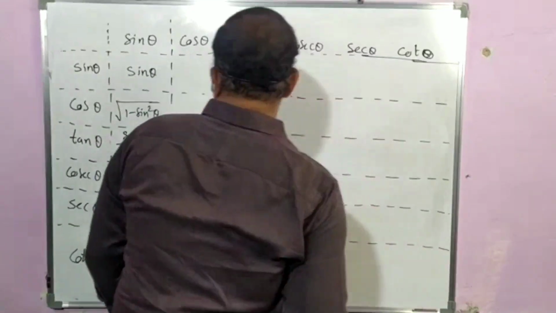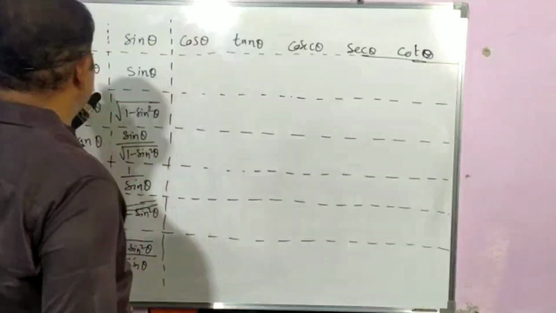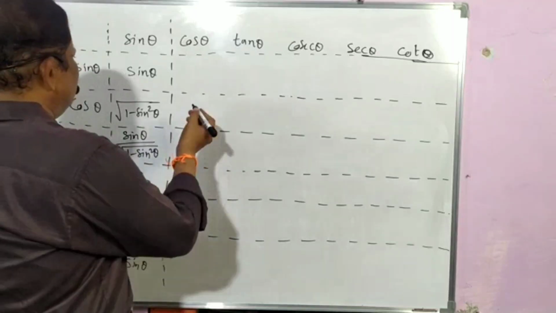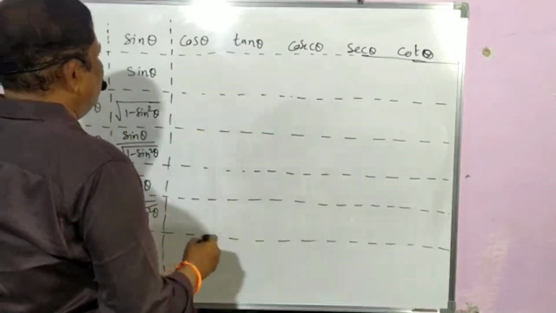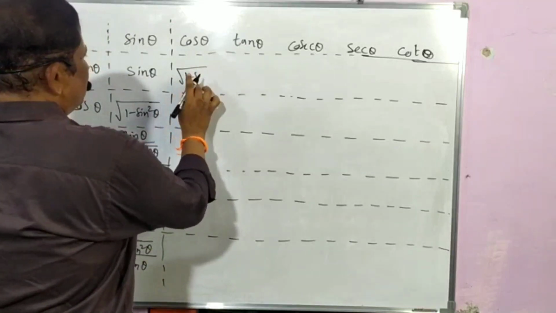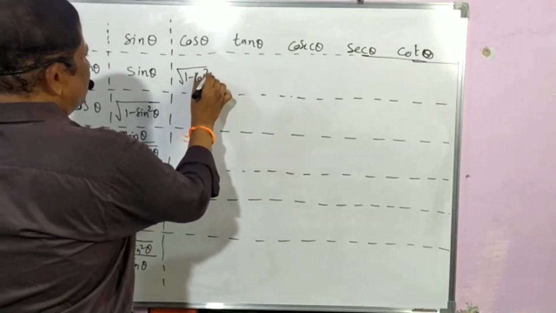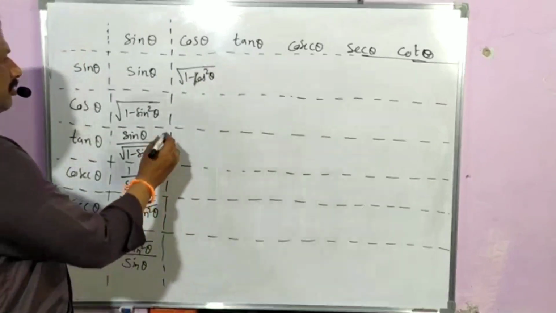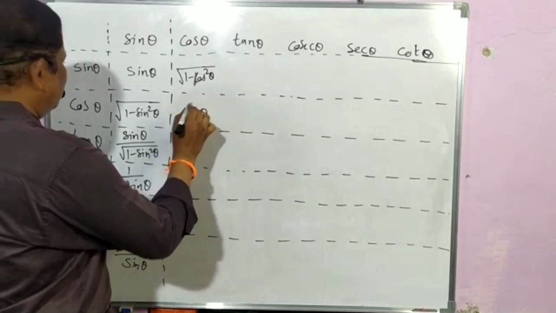First sine in terms of cos: root of 1 minus cos square theta, by using trigonometric identities. Next, cos in terms of cos, same thing, we get cos theta only.